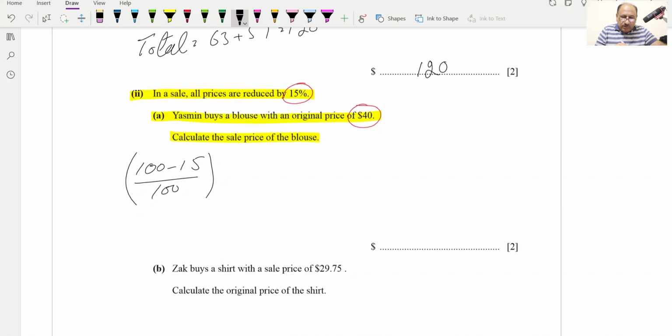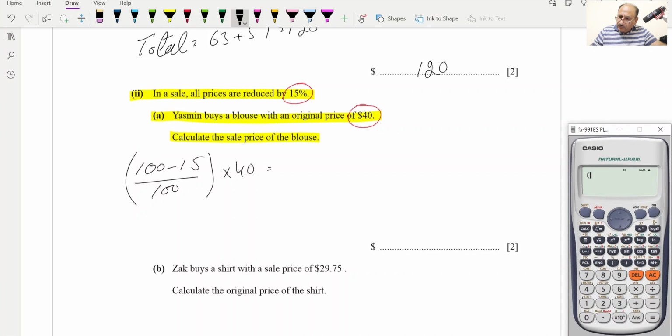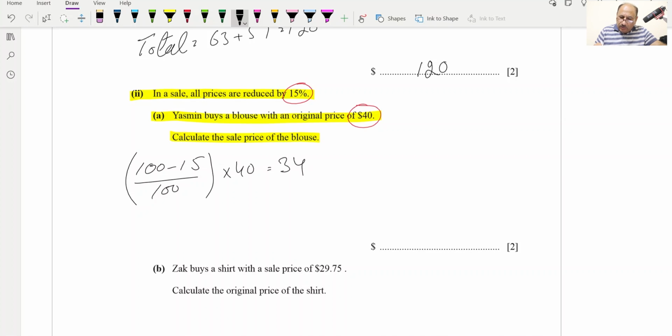This is the process which we are doing, and multiply by 40. So this will be 100 minus 15 over 100 multiplied by 40, and we will get 34. So $34 will be the answer for this part.